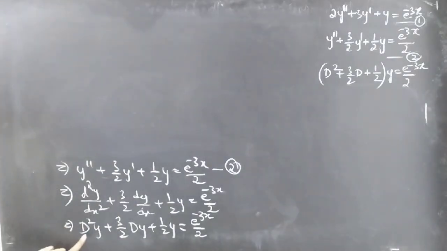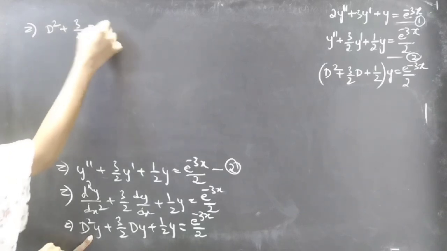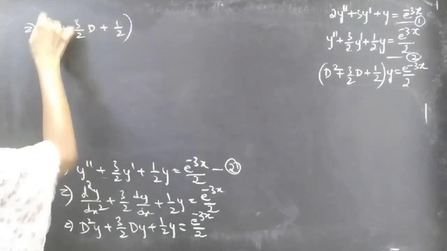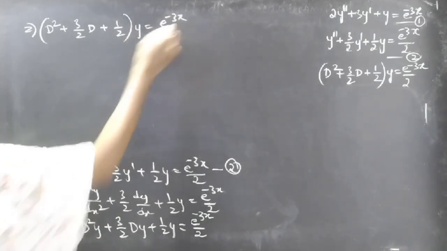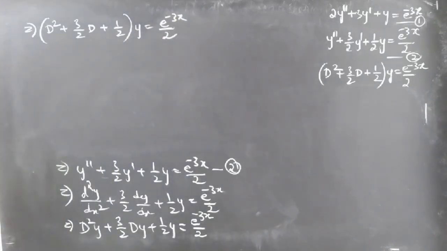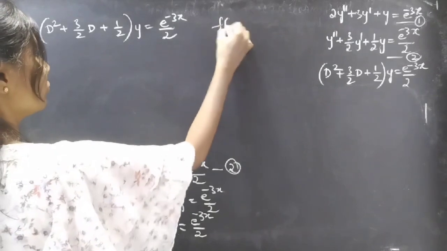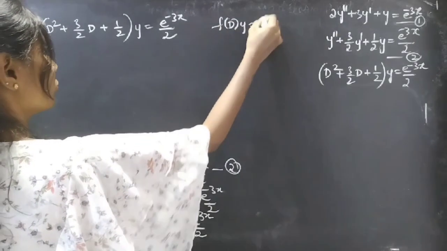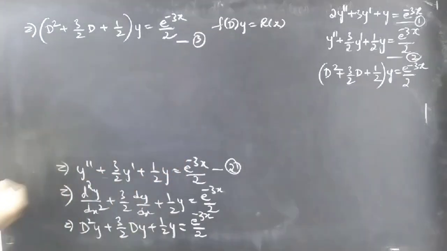Fine. Now we'll take y common from these three terms of the LHS. We'll get (D² + 3/2 D + 1/2)y = e^(-3x)/2, which is in operator form. That is the given differential equation in operator form. We can say f(D)y = some function of x. Consider it as equation number 3.